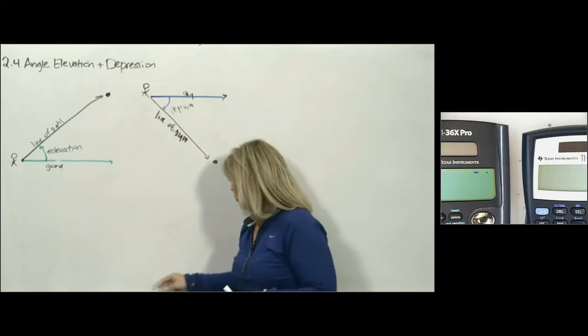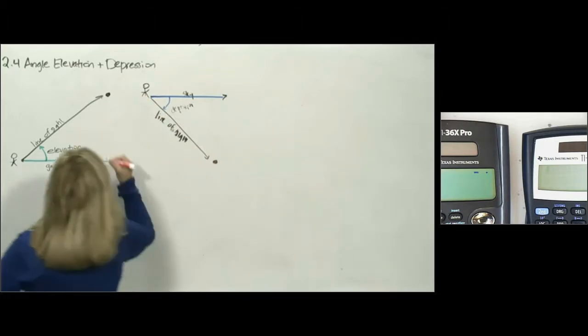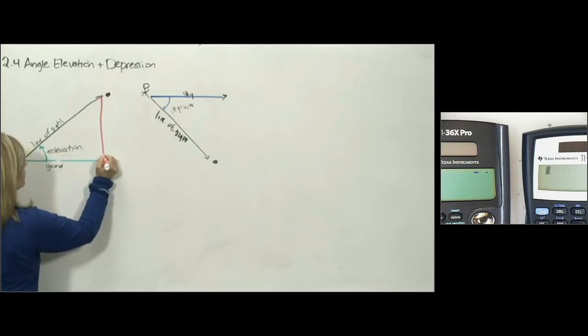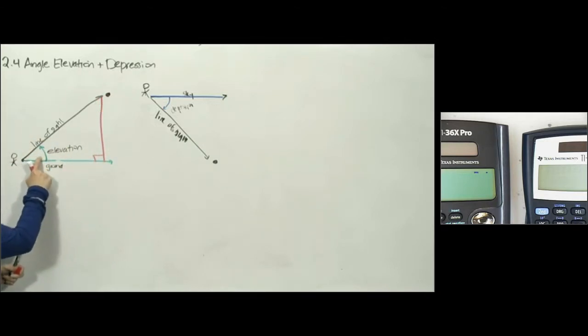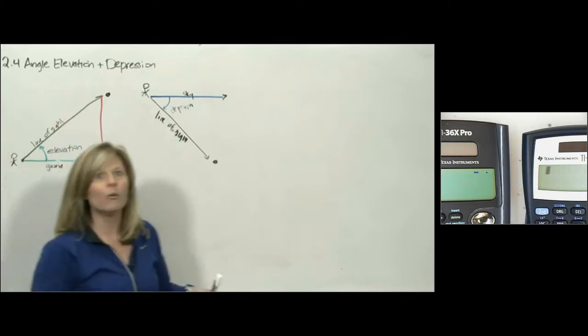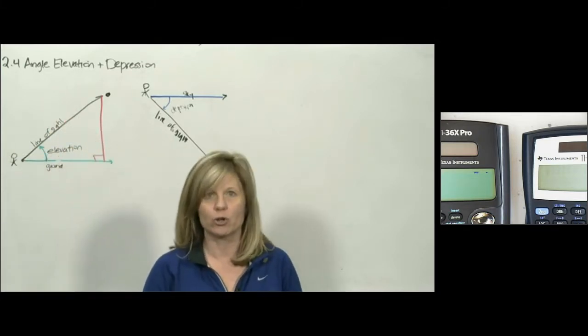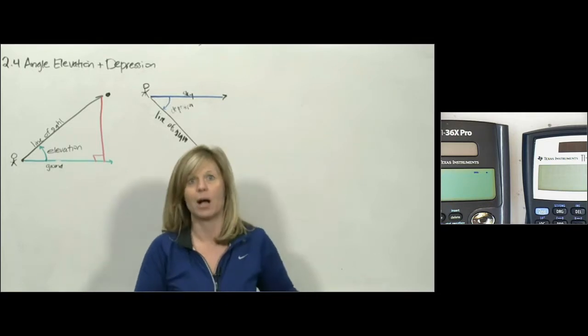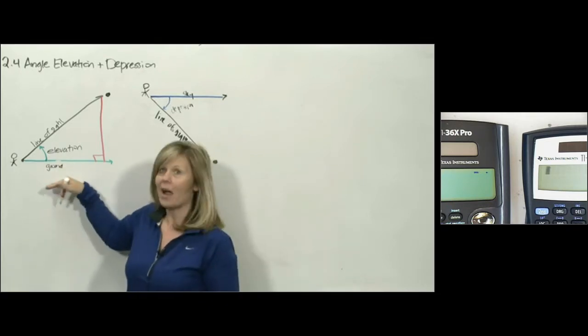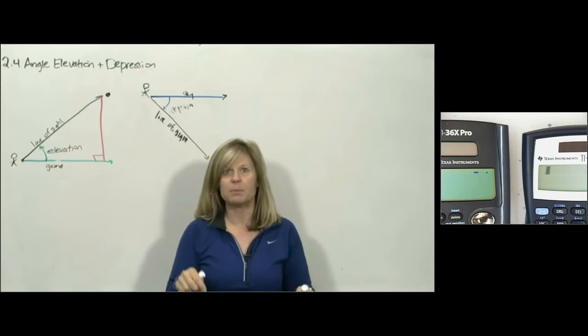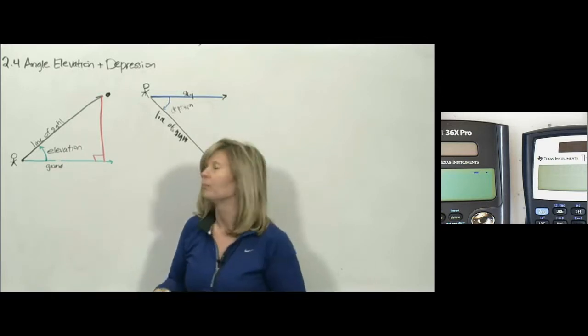Now what I want you to notice is if I drop a perpendicular here, the angle of elevation is inside my right triangle. And it will always be inside your right triangle when you're drawing your pictures for our application problems. So our angle of elevation will always be inside our right triangle.